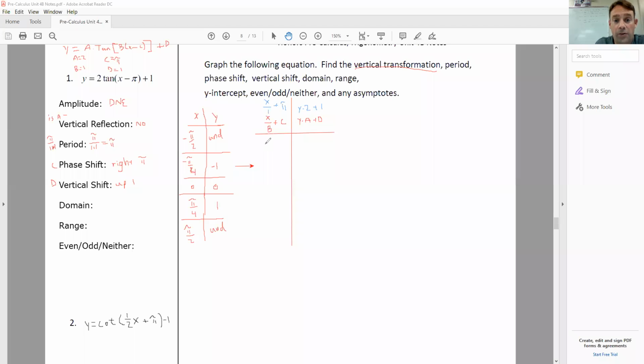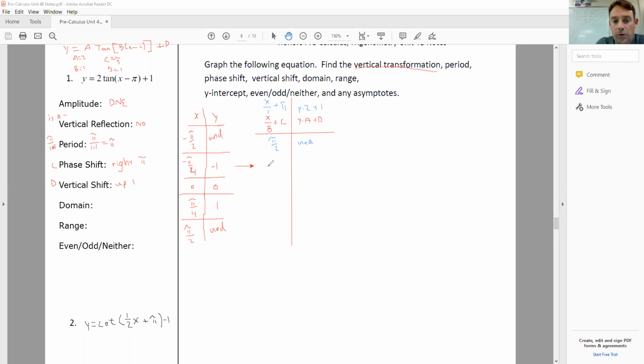So negative pi over 2 plus pi, that would be a positive pi over 2. And then undefined times 2 is still undefined plus 1. So that never changed. That's still undefined.